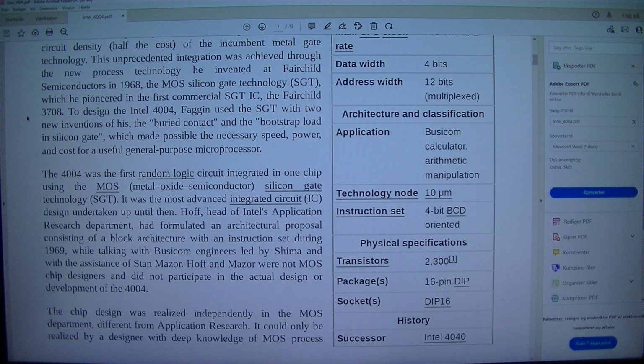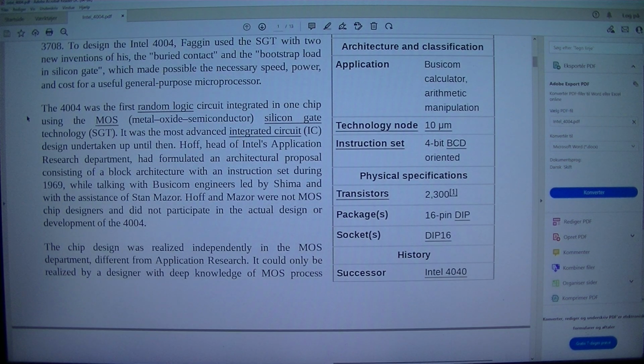To design the Intel 4004, Fagin used the SGT with two new inventions of his, the buried contact and the bootstrap load-in silicon gate, which made possible the necessary speed, power and cost for a useful general-purpose microprocessor. The 4004 was the first random logic circuit integrated in one chip using the Mohs metal oxide semiconductor, silicon gate technology, SGT. It was the most advanced integrated circuit, IC, design undertaken up until then.